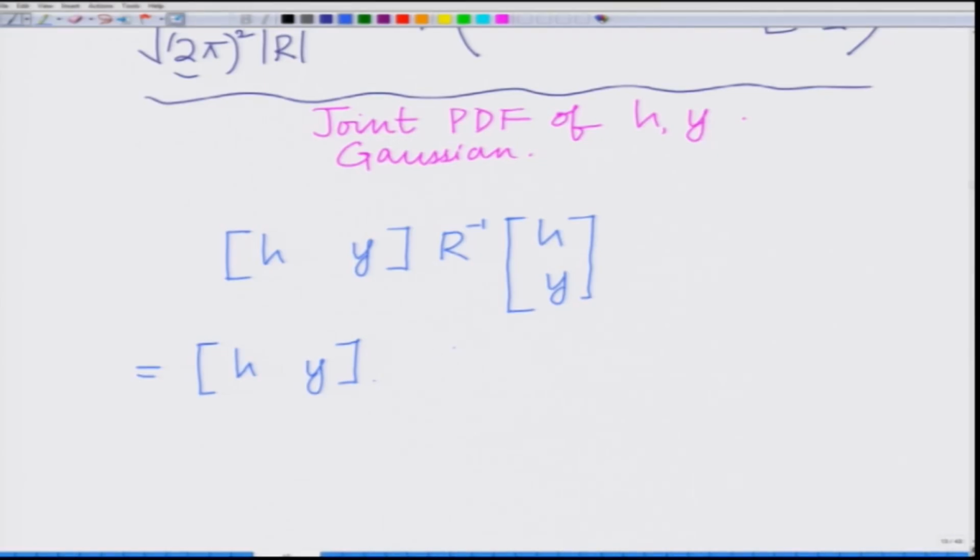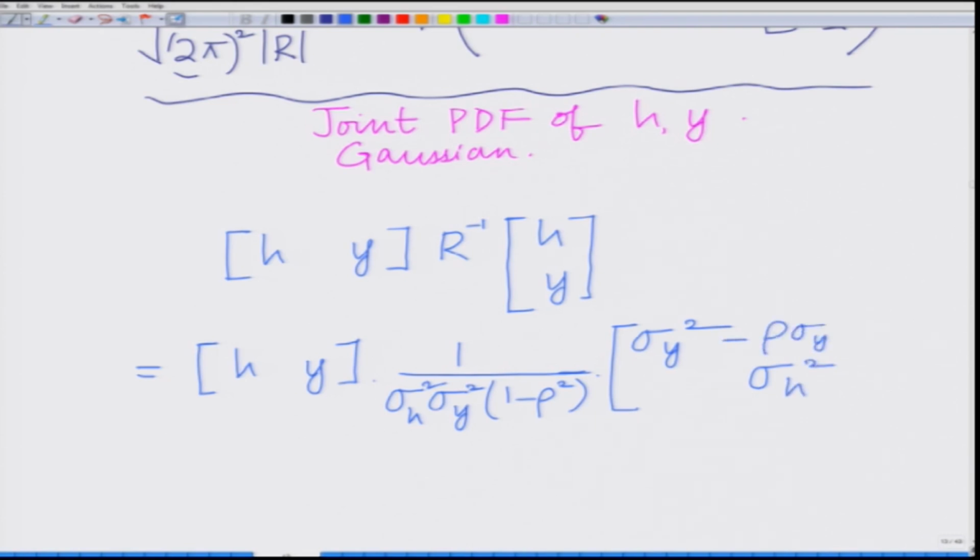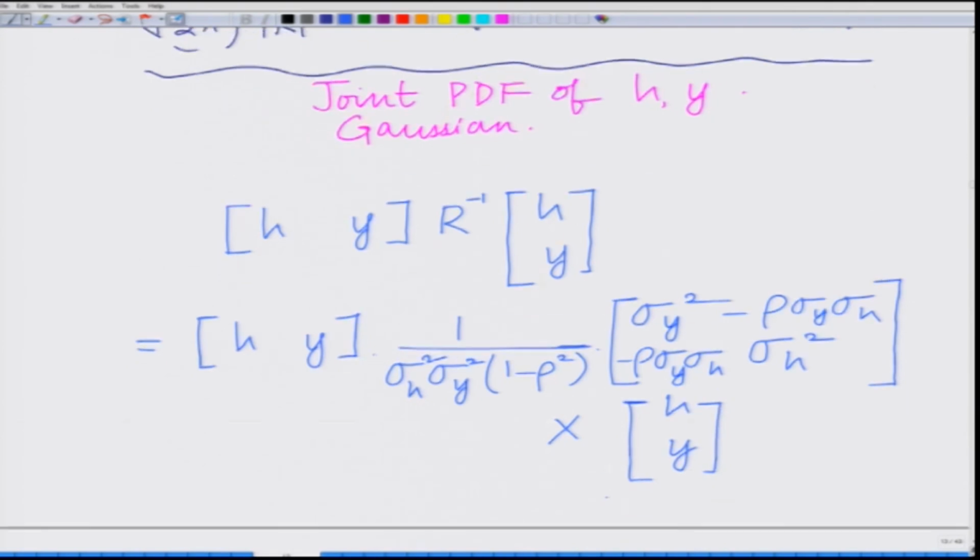We know that R inverse is 1 over the determinant of R, which is sigma h square sigma y square into 1 minus rho square, times the matrix [sigma y square, minus rho sigma y sigma h; minus rho sigma y sigma h, sigma h square], times the column vector h comma y.